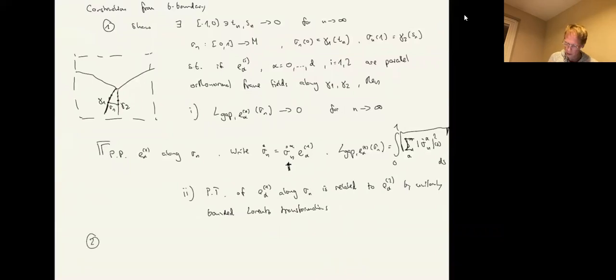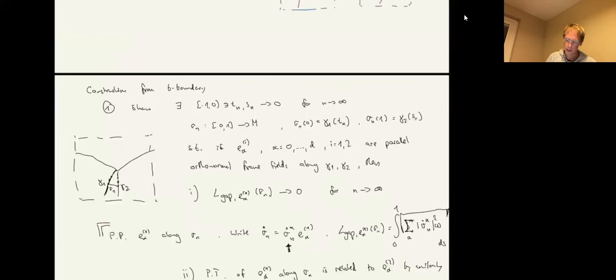And then in the second step, I show that this implies that gamma 2 must have the same limit point as gamma 1 also in the second extension M hat.